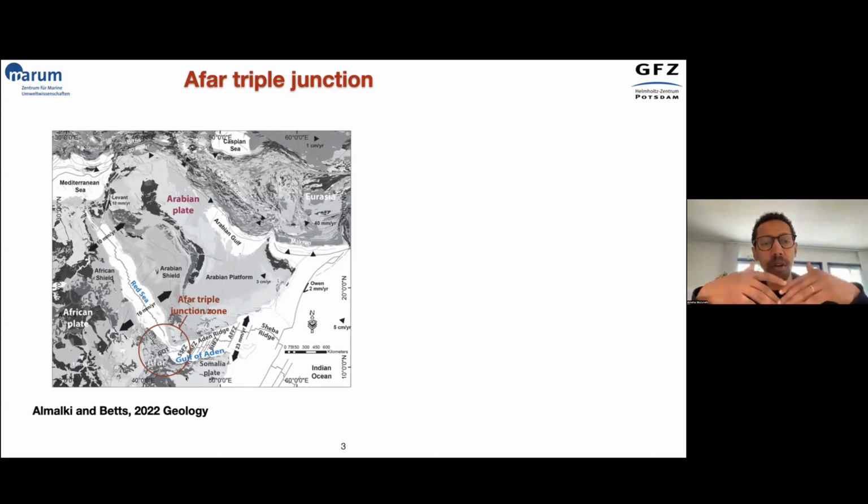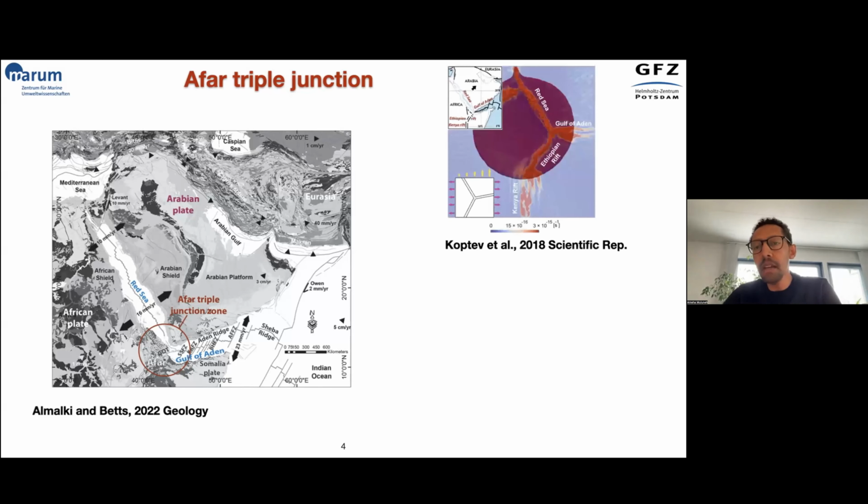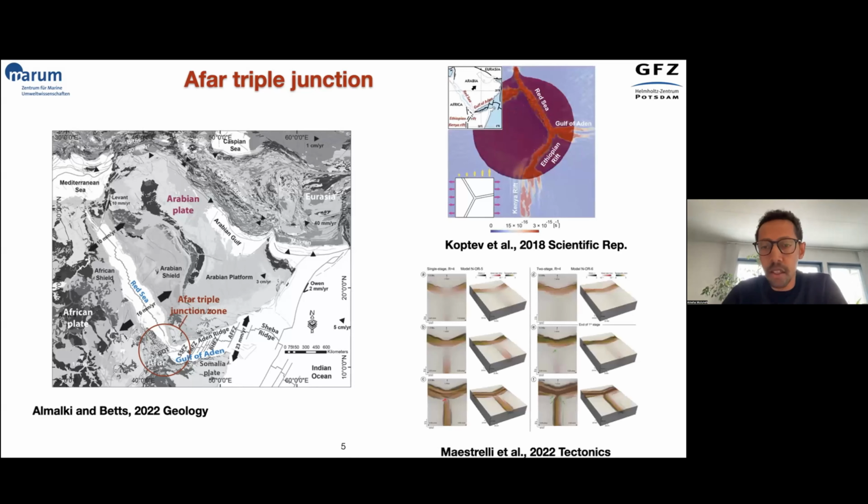And during this opening, there are rifts propagating into this zone, and we normally call it the Afar triple junction because it's a plate boundary where these three rifts are supposed to meet. Previous numerical and analog modeling studies also captured this geometry by moving the three plates, fixing one plate, usually Nubia, and then moving Arabia and Somalia.